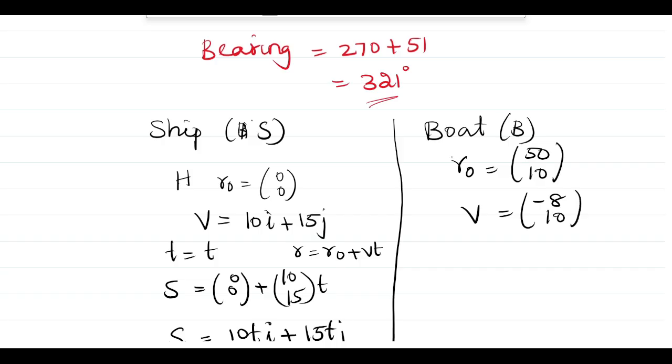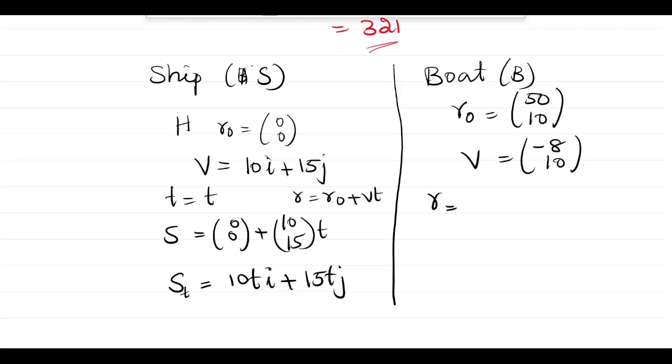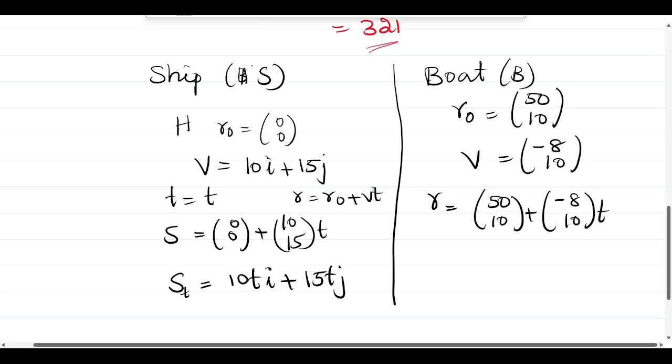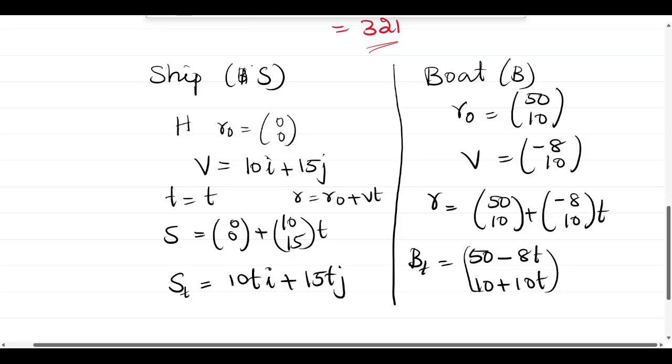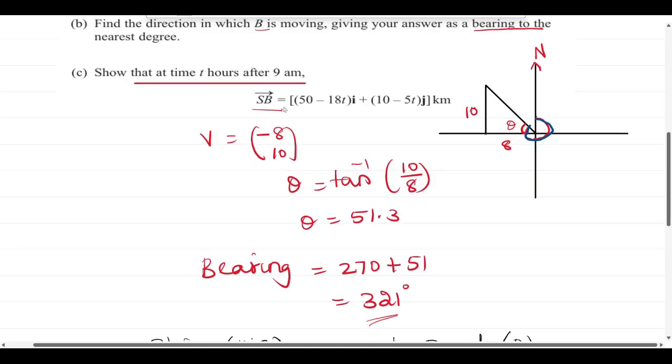So the boat at any time t is r equals 50 and 10 plus minus 8, 10 times t. So the boat at any time t is 50 minus 8t and 10 plus 10t.